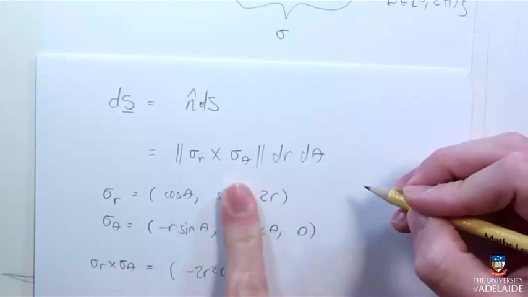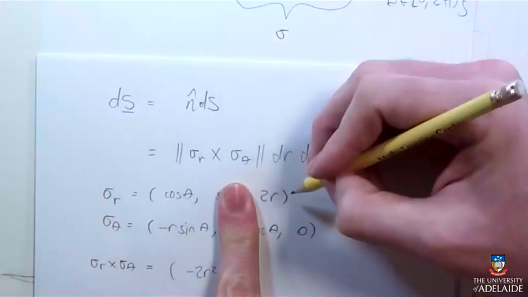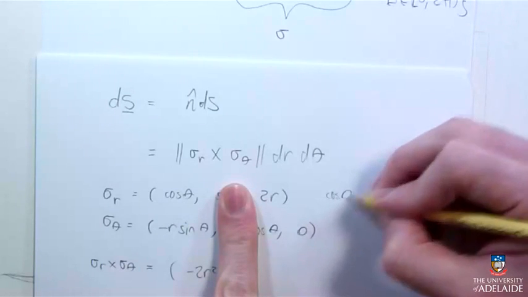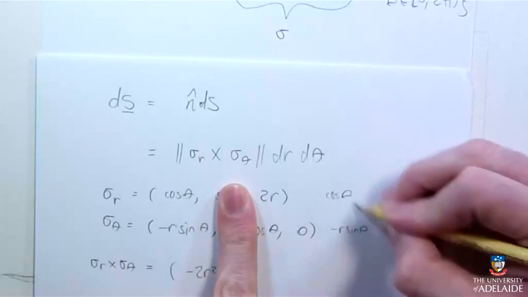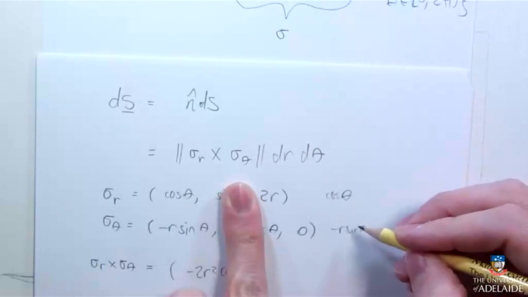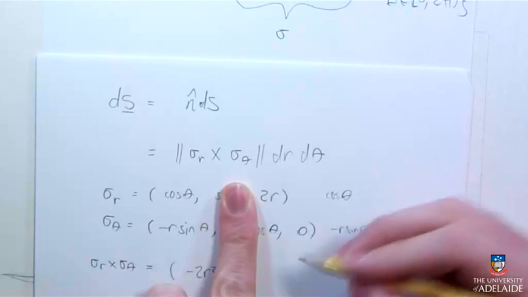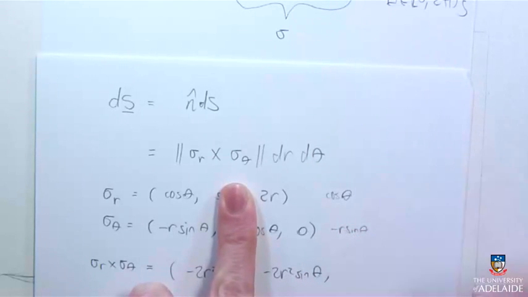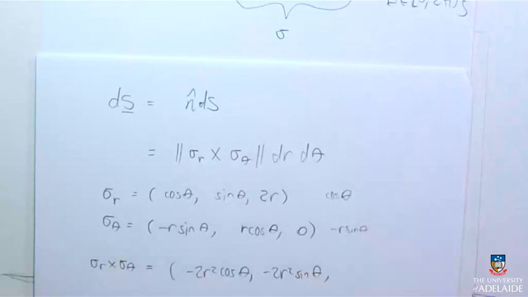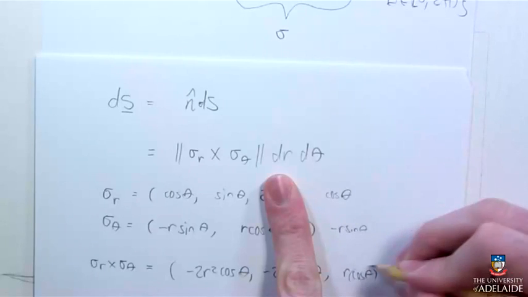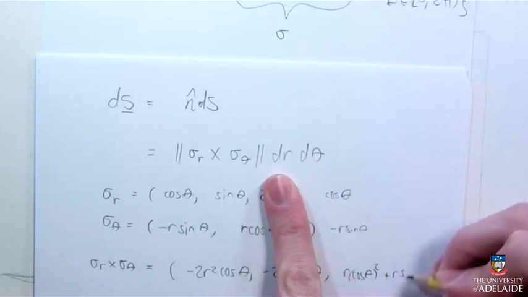In this position I'm going to have the determinant going the other way, r times that, and that times 0. I just wrote that first column over here so that I could do it backwards. And in this position I'm going to have that determinant, which is r cos theta squared plus r sine theta squared.